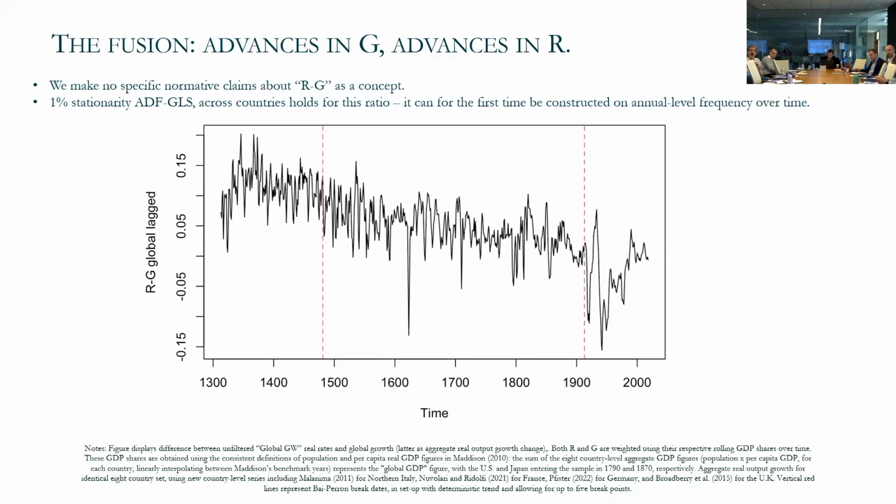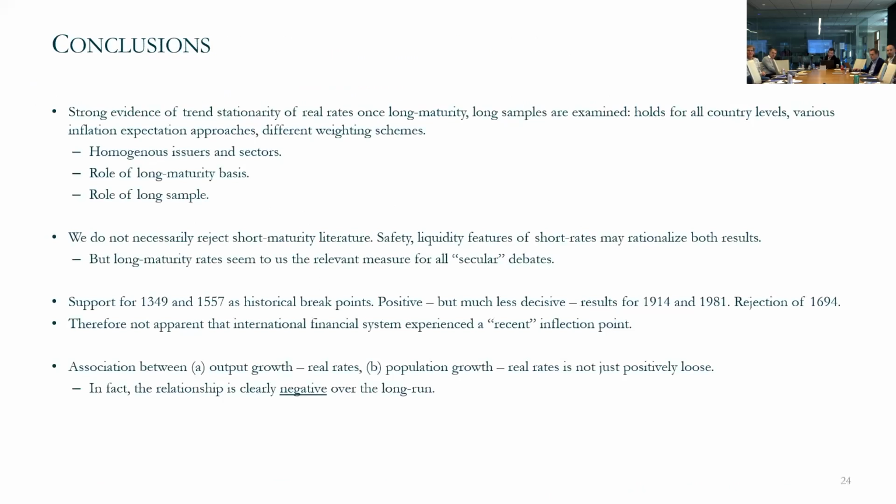So 4 minutes left. Let me wrap up. We think that you can get dramatically superior insights by exploiting new recently released data and the recent advances in finance and econ history. Our new insights about the stationarity of real interest rates come both from using longer samples, which have much greater statistical power.